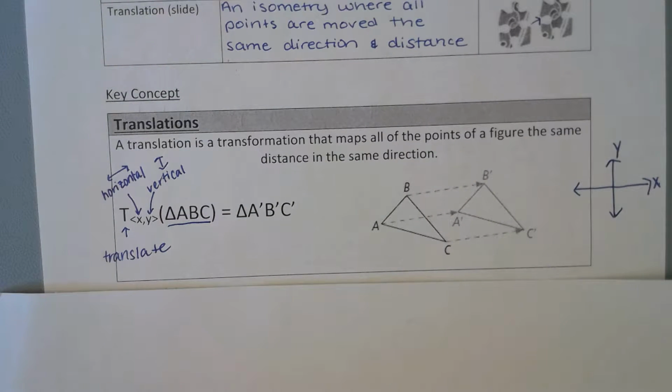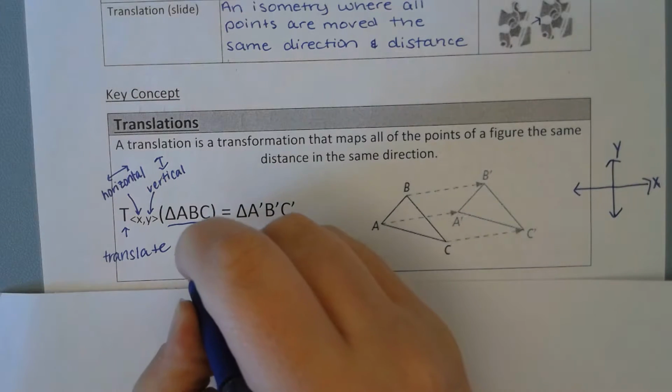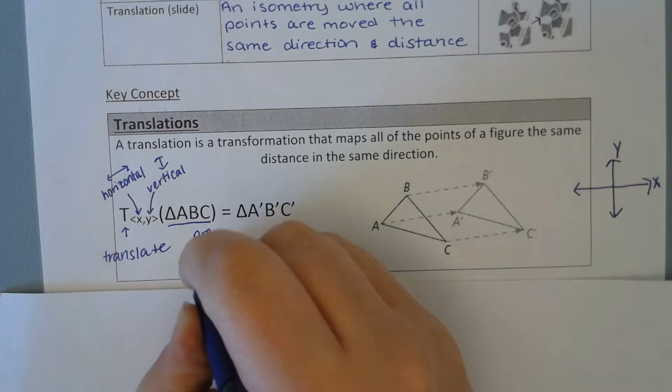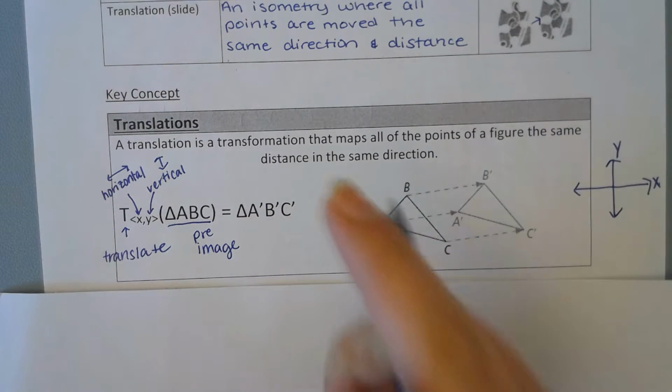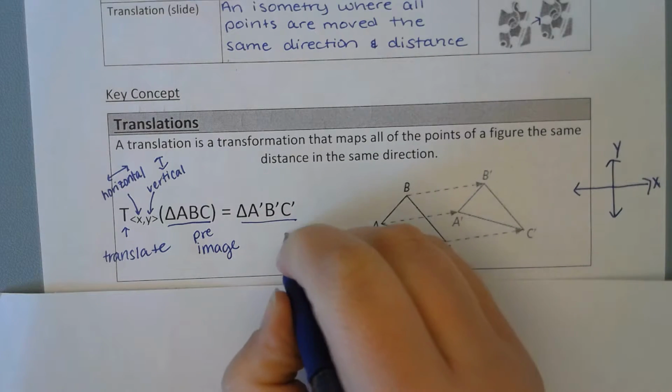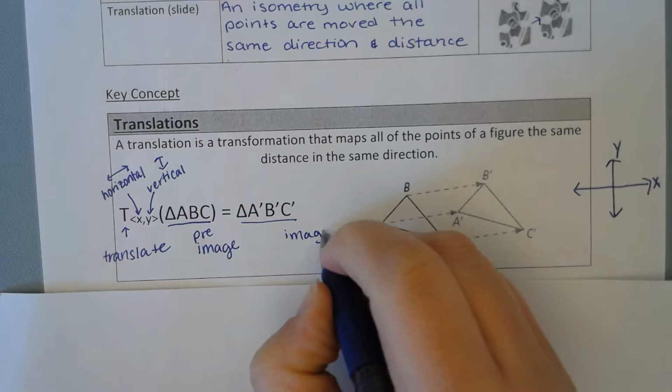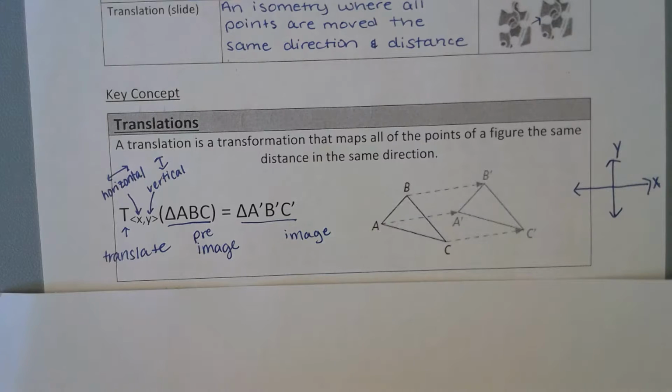Inside the parentheses, I'm going to have the shape that I'm changing. This is your pre-image. And what it equals is going to be your end result, your image. You can think about this in terms of function notation.